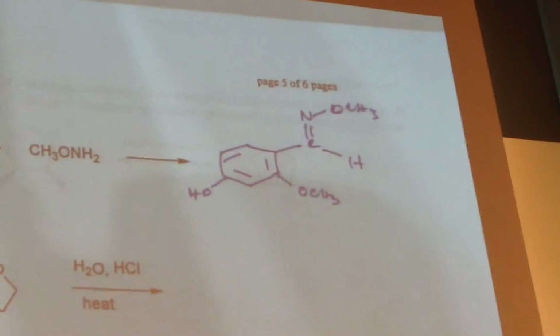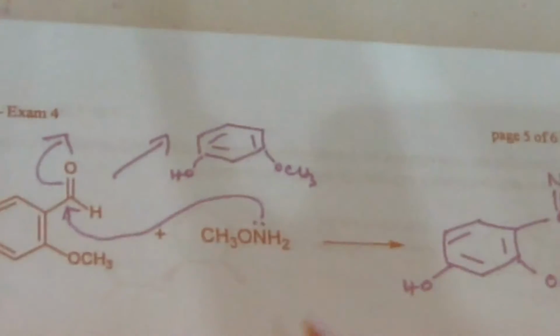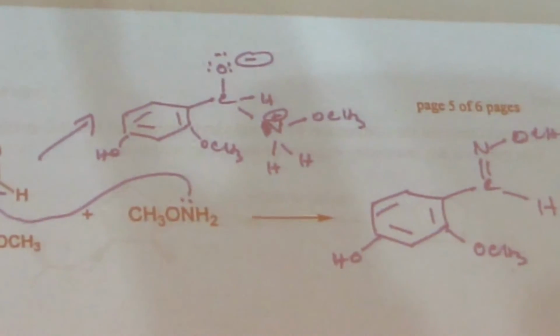And you also know the mechanism of how that really forms. Essentially, the nitrogen lone pair attacks the carbonyl group, and it is going to form this intermediate, and it has a positively charged nitrogen and a negatively charged oxygen.